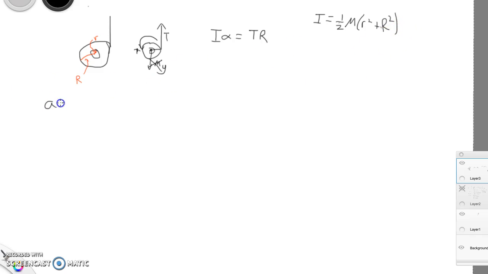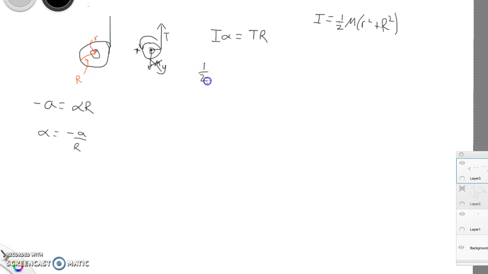For alpha, a equals alpha times r. When we have a positive angular acceleration, that means it's going to be spinning down like this. That is going to be the equivalent of a negative linear acceleration. So alpha is equal to negative a over r. Okay, so we'll plug both those in.